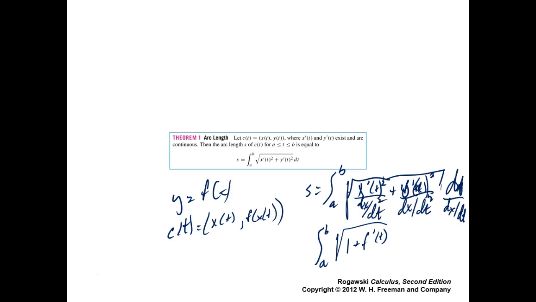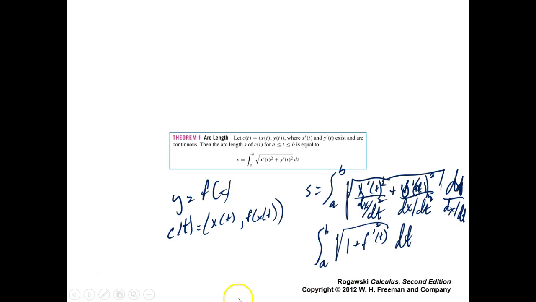They sort of glaze over a few of the finer points, but this is what it comes out to be, this f prime squared of t, and then ultimately this is going to be your dt over here too. They skipped a lot of steps. I tried to fill them in, probably didn't fill them in very well, but this is what you get from that. So with that said, let's do example 1.